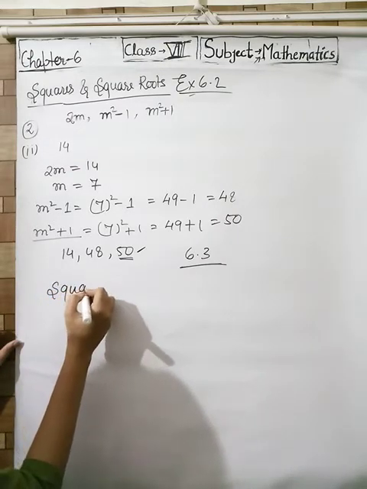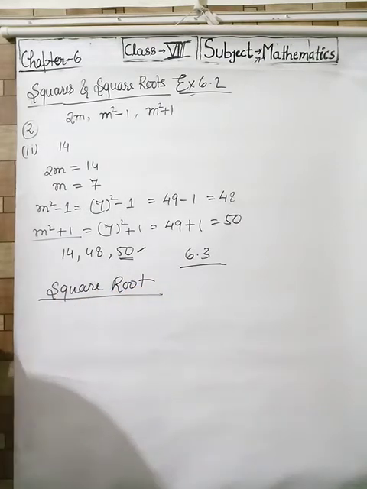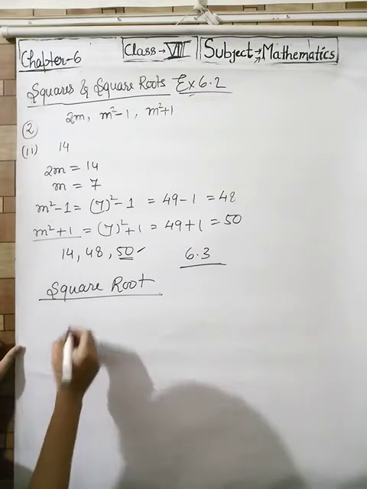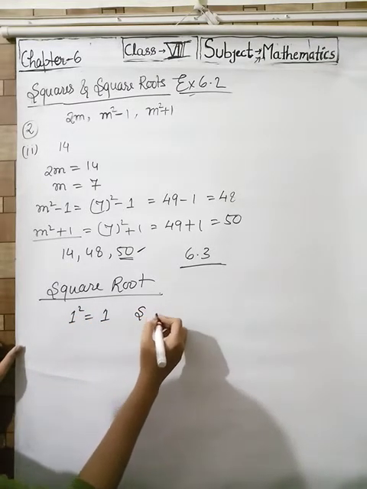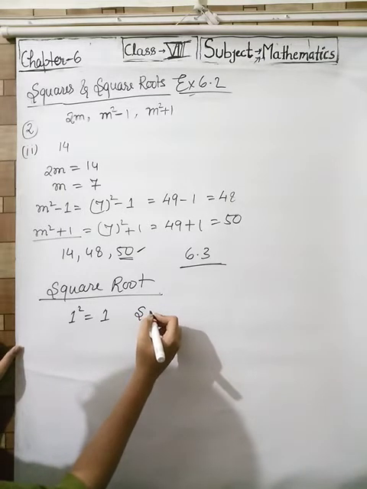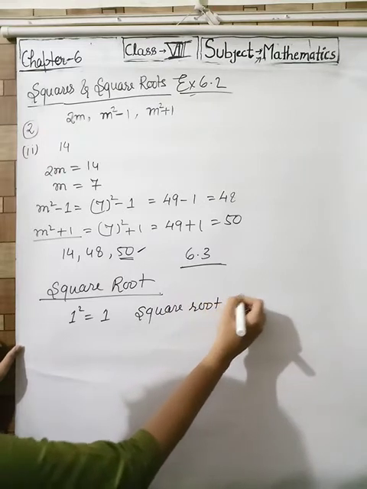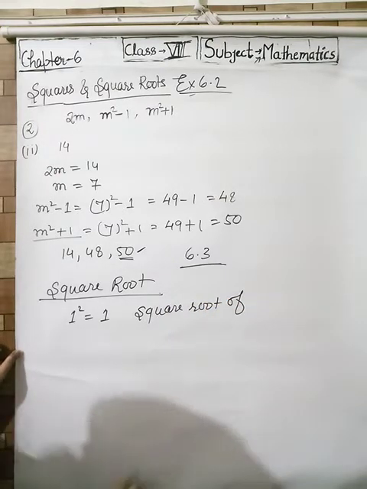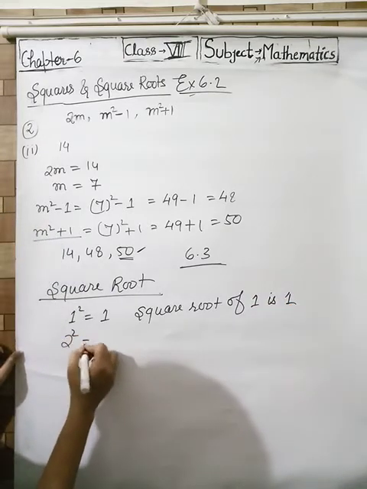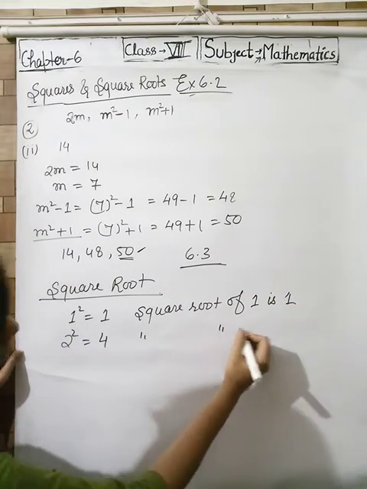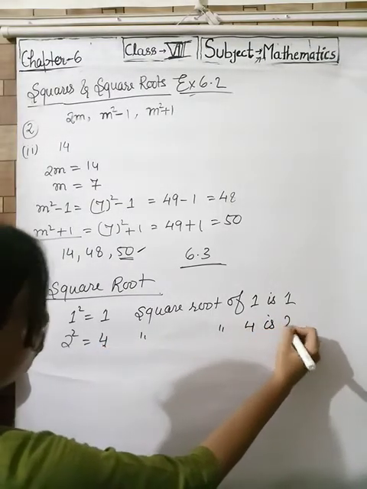Okay, so let's see square root. What is 1 square? 1 square is 1. So square root of 1 is 1. What is 2 square? 2 square is 4. Square root of 4 is 2.